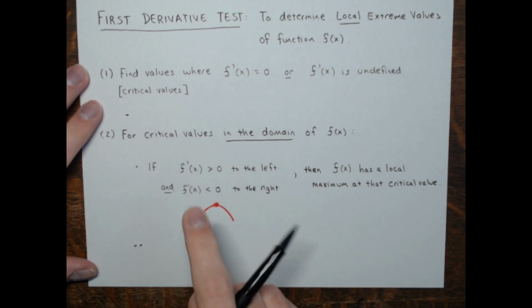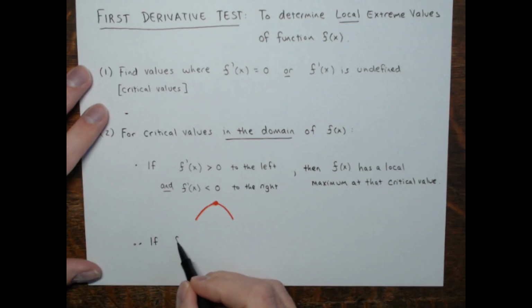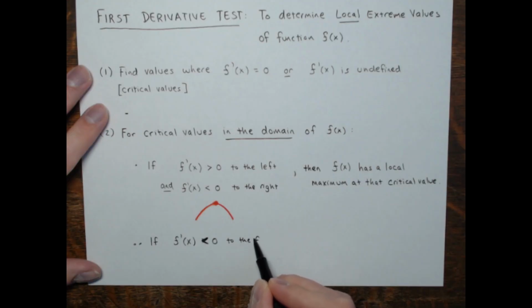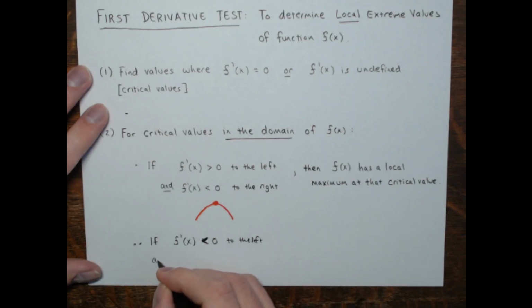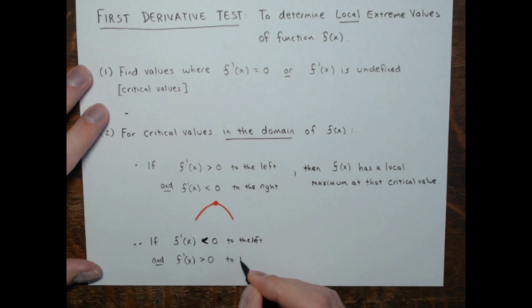The other way around, switch this up. If the first derivative is negative, sorry, less than 0, so if it's negative to the left of the critical value, on the left side, and also f prime is positive to the right or on the right side of the critical value.